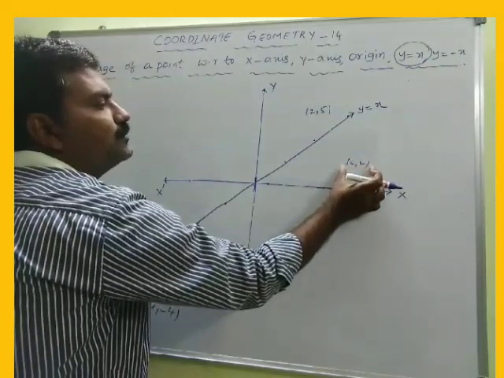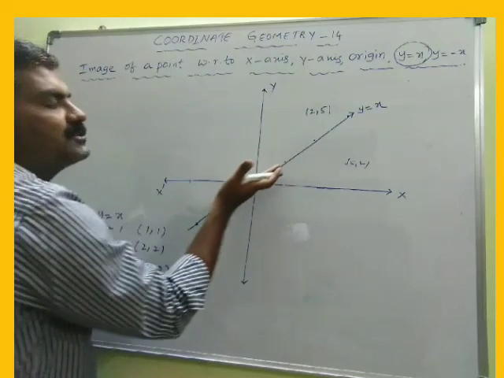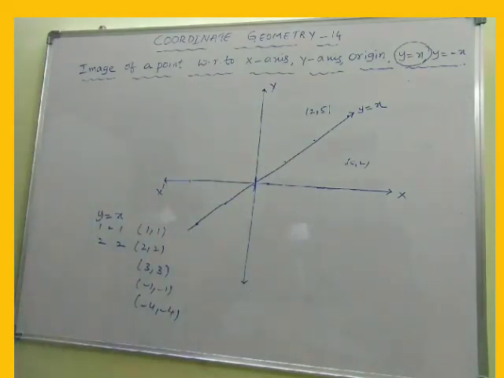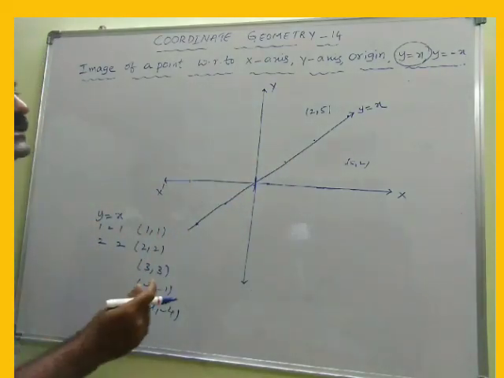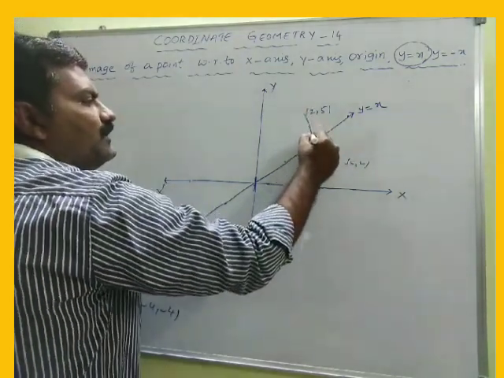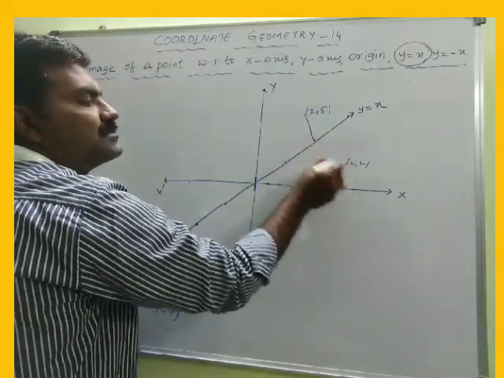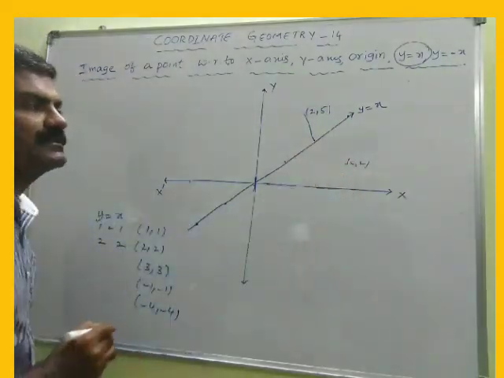So (5, 2) is the image of (2, 5) with respect to the line y is equal to x. The same rules are applicable. I mean, whatever the distance of (2, 5) from this line, even the point (5, 2) is also at the same distance.